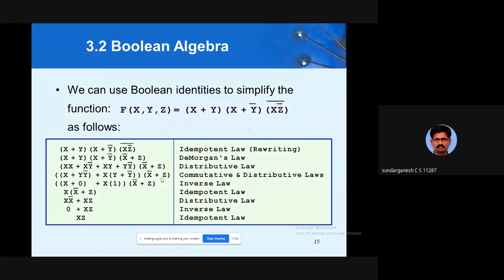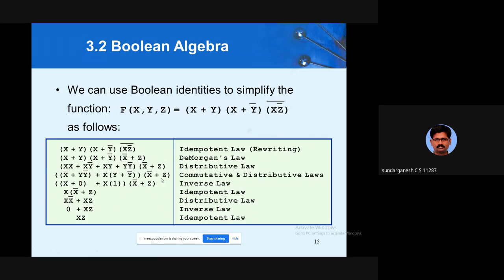Now we have to first apply De Morgan's law. Now we have to multiply every component inside. So first two components, x into x is x, x into y bar is xy bar, then x into y is xy, y bar y into x bar plus z.